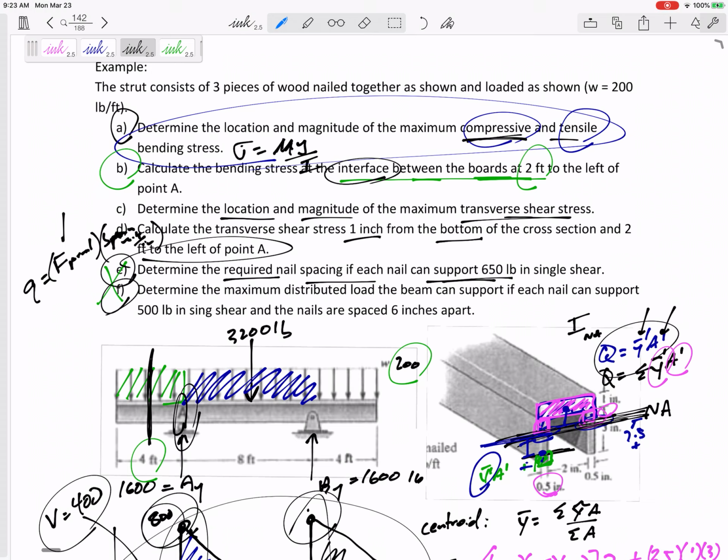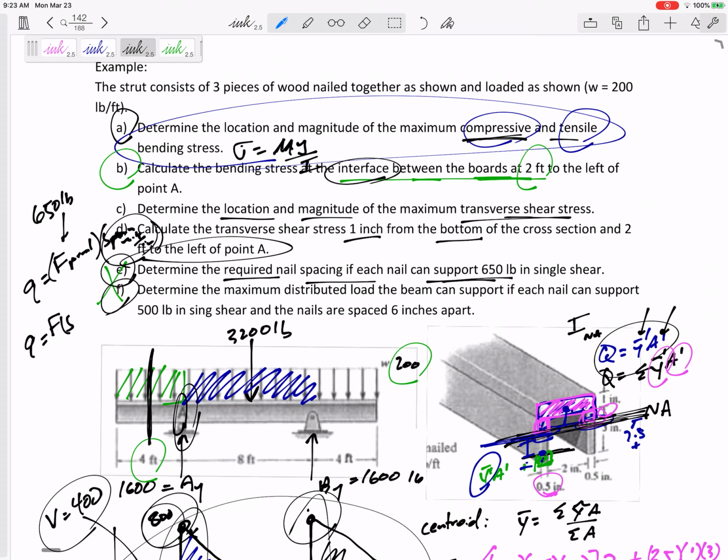So if I know that this force per nail is 650 pounds, and we want to find the required spacing, of nails per inch. Okay, sorry.